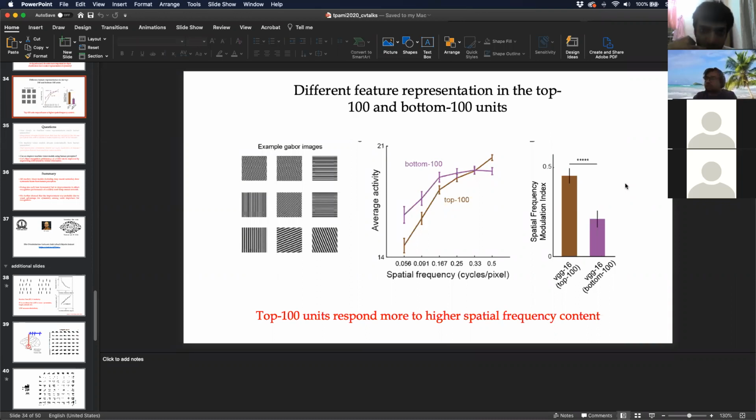They respond more or less equally to low and high spatial frequency content. And the vertical line at the top is just the statistical test comparing these two distributions, and it denotes that the modulation index is significantly higher for the top 100 units compared to the bottom 100 units.